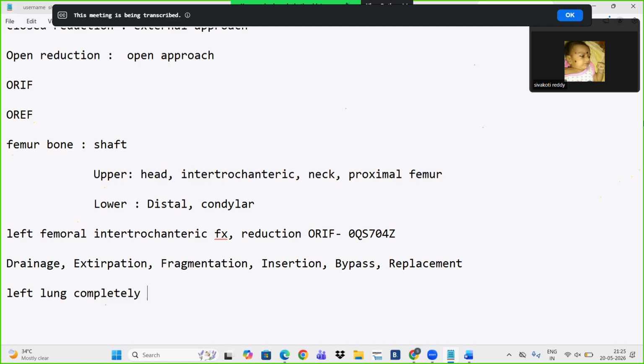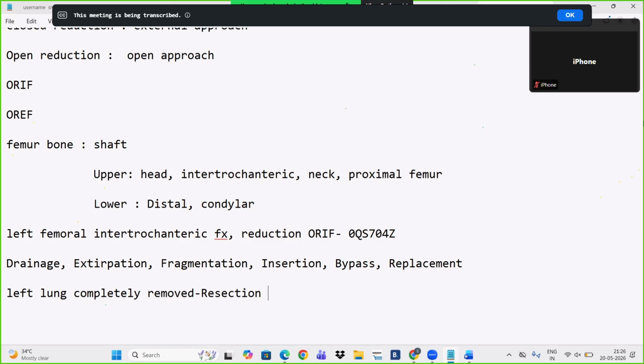Who are having doubt, they only reply. Who already know, just watch if you are still in the meeting. What is the root operation? Resection. Who are having doubt, then only reply. Resection, right? Yes, sir.